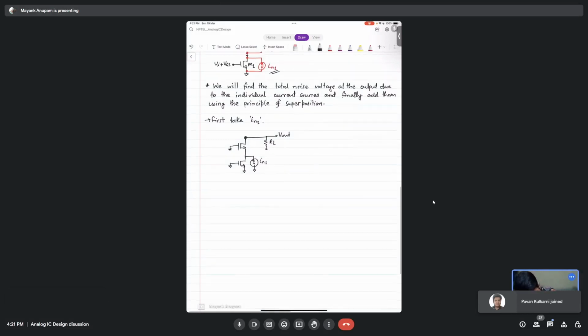So what will be the output voltage Vout due to this IN1? This is gm2, this is gm1.